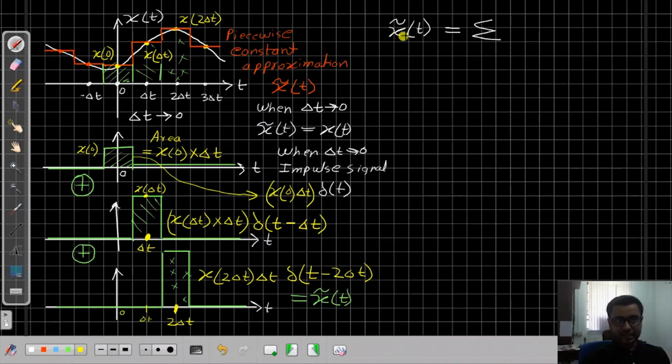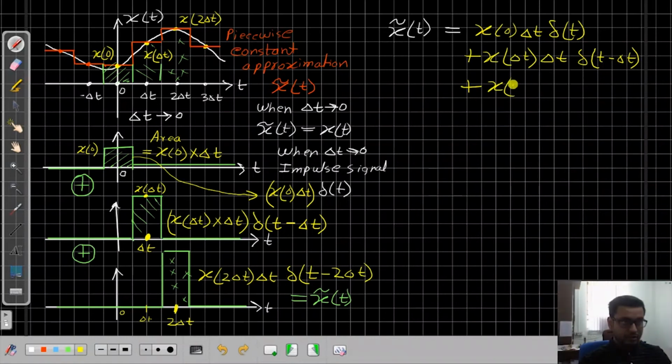Thus, this x tilde t can be written as a sum of, let me first write it this way, this signal x0 delta t times this, plus this signal, which is x of delta t times delta of t minus del t, plus this signal, which is x of 2 delta t times delta of t minus 2 delta t, and so on.